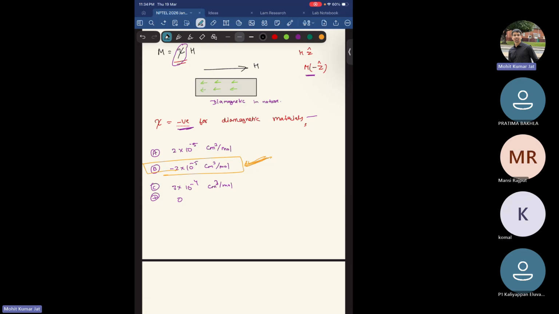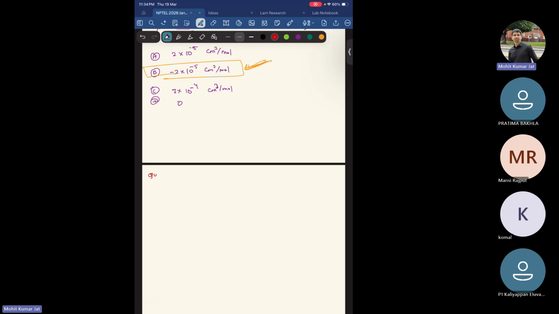So in that case, for example, I'll put forth a question: the diamagnetic susceptibility of atomic hydrogen, assuming r square roughly as a naught square, and the question asks to evaluate the diamagnetic susceptibility in CGS units.